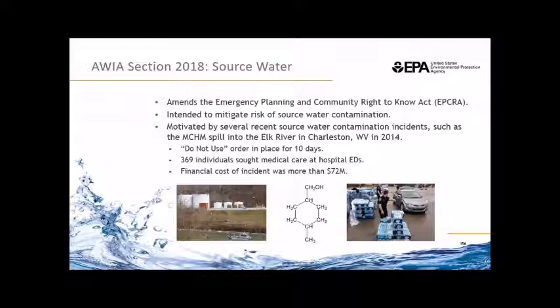Section 2018 specifically focuses on spills and releases, as I indicated in my earlier presentation, whether they are intentional or accidental, and the potential contamination that could be caused to a community water system. While most provisions of AWIA that affect the water sector amend the Safe Drinking Water Act, such as 2013, Section 2018 actually amends the Emergency Planning and Community Right to Know Act, or EPCRA, and I will be using that acronym because it is a long one.